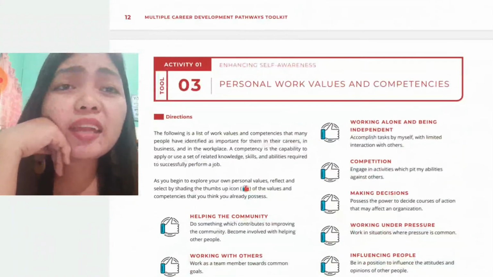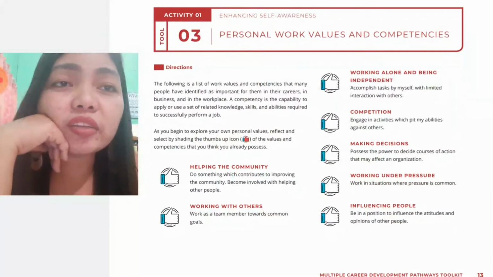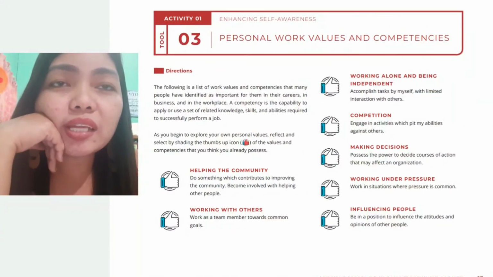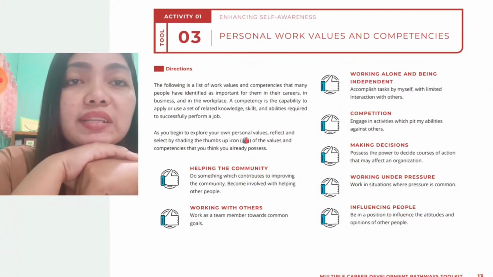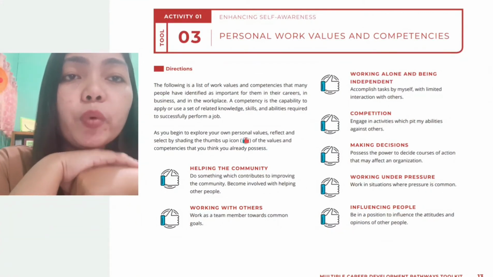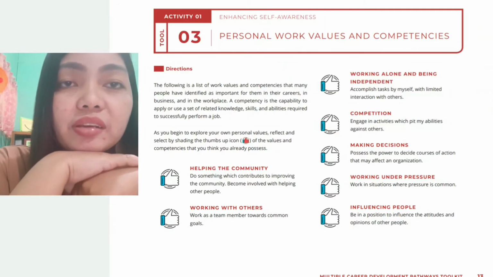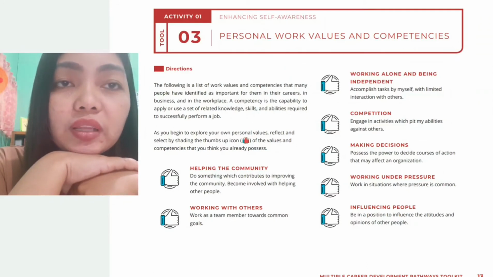Okay? And for the tool 3, ito, para na naman ito sa ating mga students. Okay? So we have to let them answer this. The following is a list of work values and competencies that many people have identified as important for them in their careers, in business, and in the workplace.